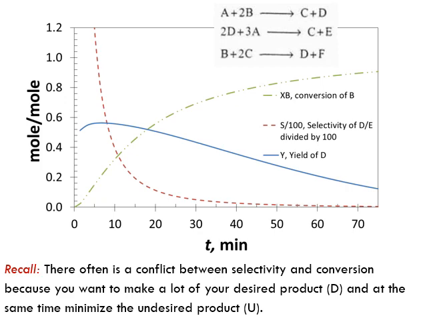Recall that we said there often is a conflict between selectivity and conversion. So let's look at selectivity and conversion and yield. Okay, the green line, dotted line, is the XB. So you can see as time passes, conversion of B increases. Let's look at the selectivity.